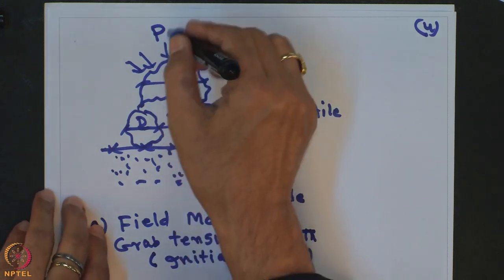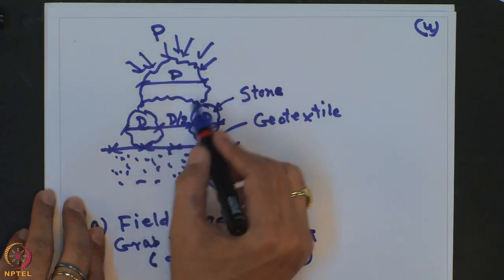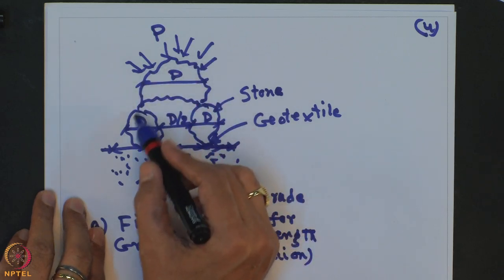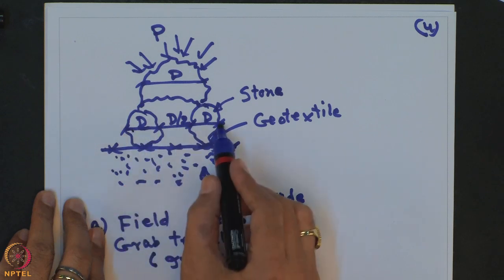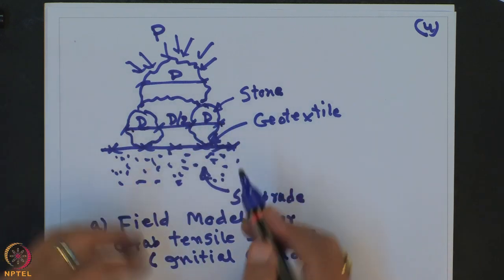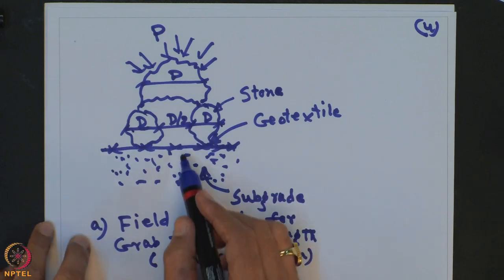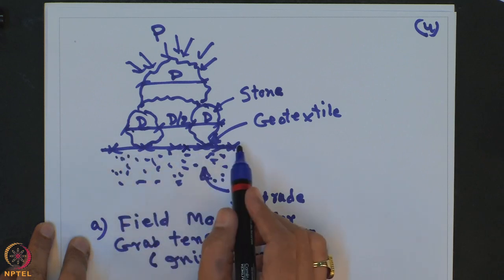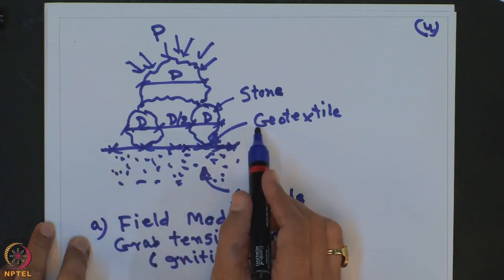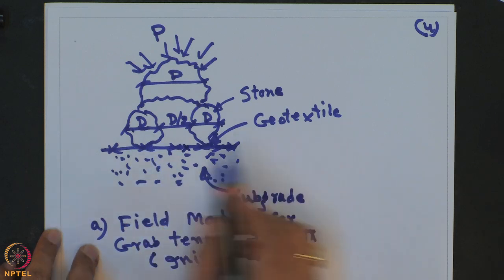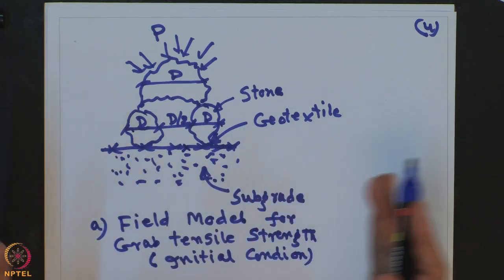So, when the pressure is applied to the upper stone, it spreads the two lower stones laterally. As a result, tension is mobilized in this geotextile. It is analogous to the grab tensile strength test.